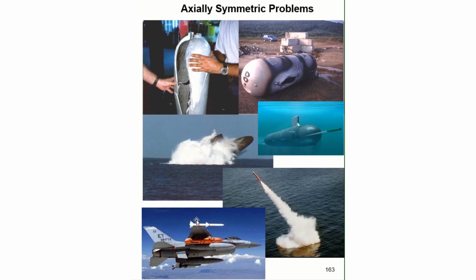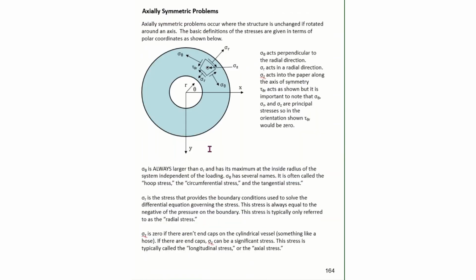To begin with, let's give again a definition of axisymmetric. Axisymmetric problems occur where the structure is unchanged if rotated around an axis. And when it says the structure is unchanged, this means the loading and the geometry. The basic definitions of the stresses are given in terms of polar coordinates as shown below.